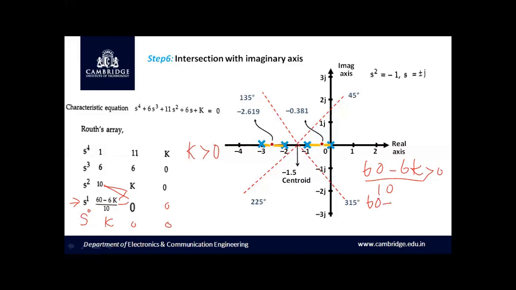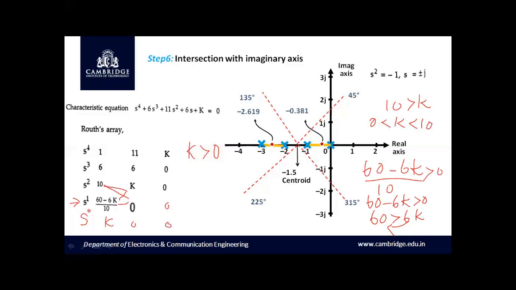Therefore, 60 minus 6k greater than 0. Hence, 60 will be greater than 6k. Therefore, 60 divided by 6, we can write it as 10 greater than k. So, k is ranging from 0 less than k less than 10.